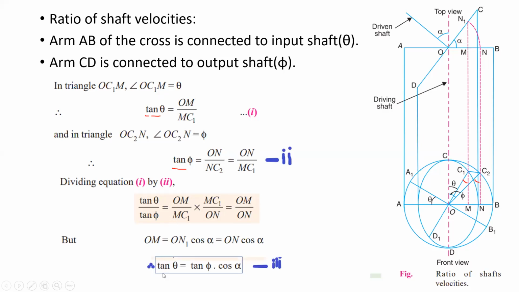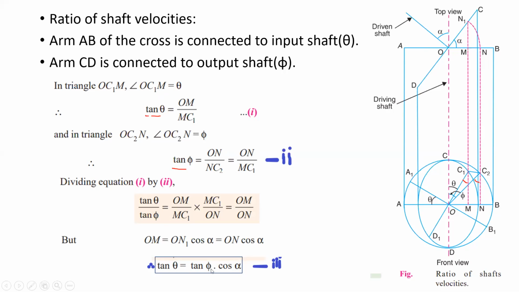Okay, it is the equation you can note down between the input angle and output angle in terms of alpha. So you can see that phi is not constant. Write down this: phi is not equal to theta. That is the conclusion from it.